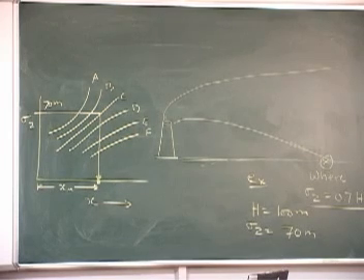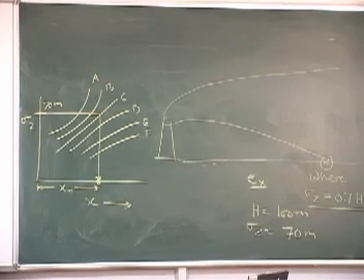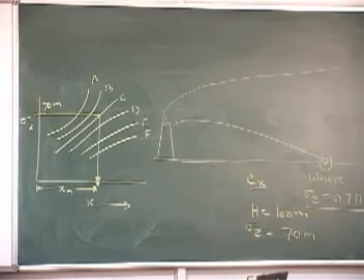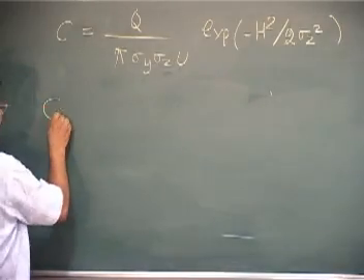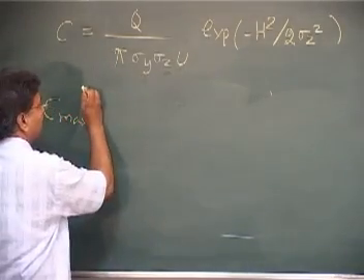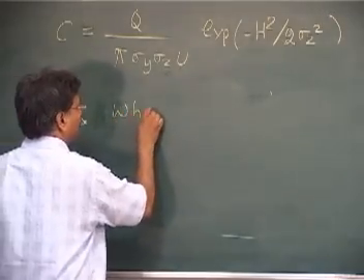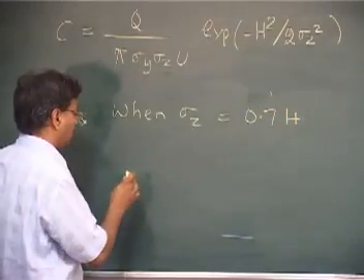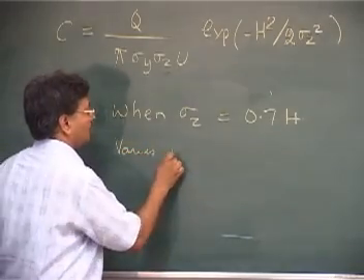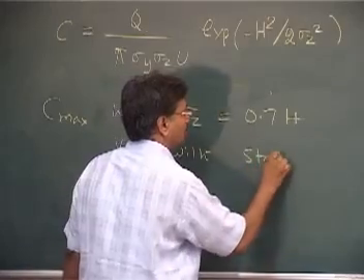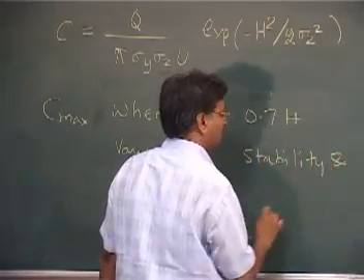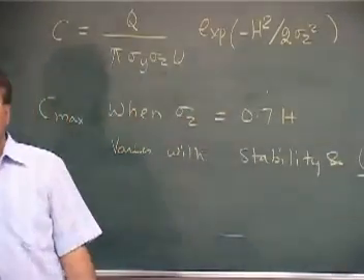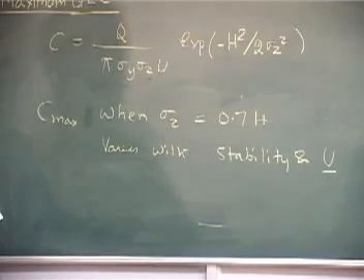But to find the maximum concentration, you have to do this exercise for A, B, C, D, E and F. Because you want to really find the worst scenario, and it can be A, B, C, D, E or F. It will be different for different stability and different values of u.